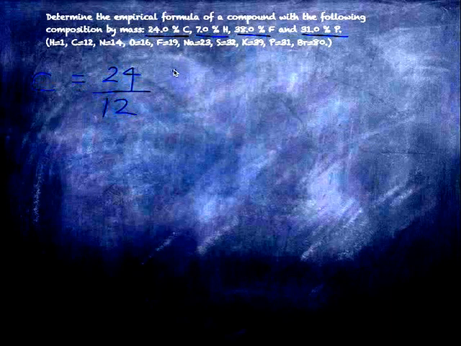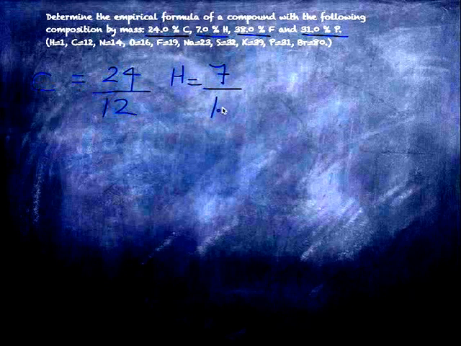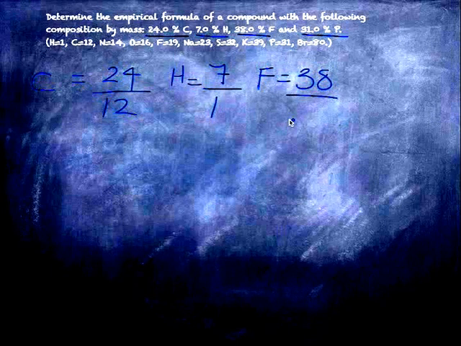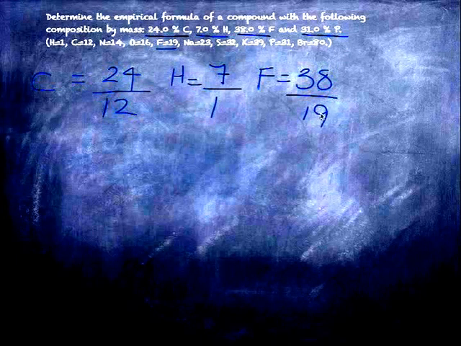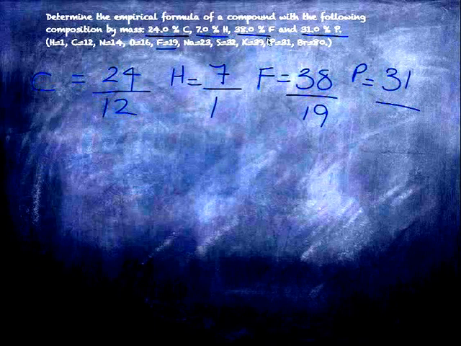We have got 7 of hydrogen. We've got 38 of fluorine. This will be divided by 19. And we've got 31 of phosphorus divided by 31.